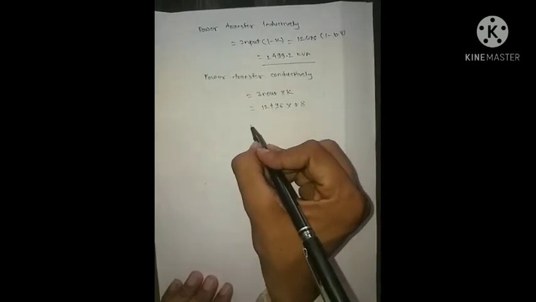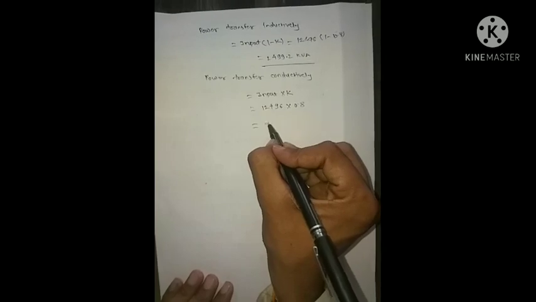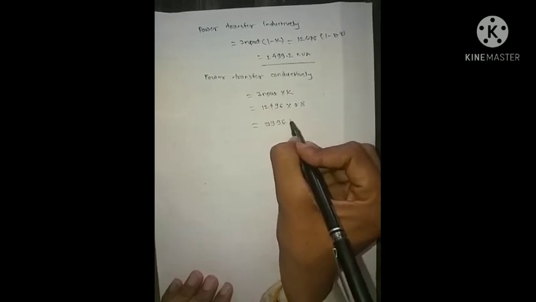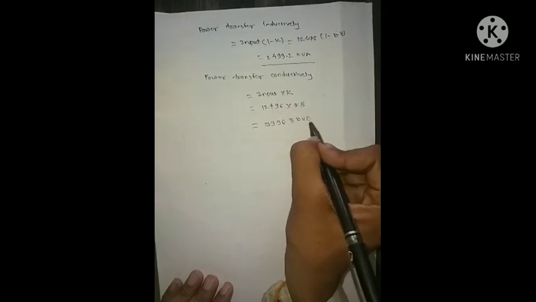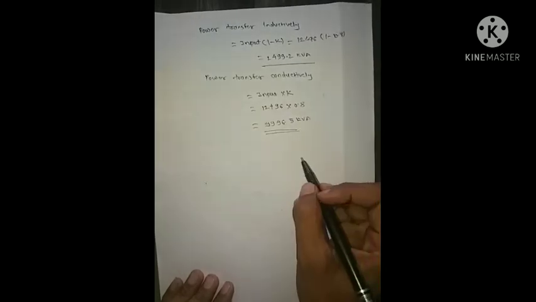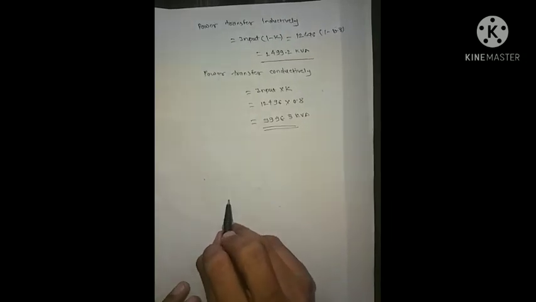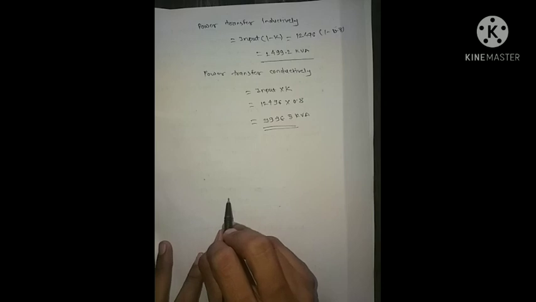The value of K is 0.8, and the answer is 9,996.8 kVA. This is our power transfer conductively. So this is the end of our numerical. Here we found out the volt ampere rating and inductively and conductively supplied power.